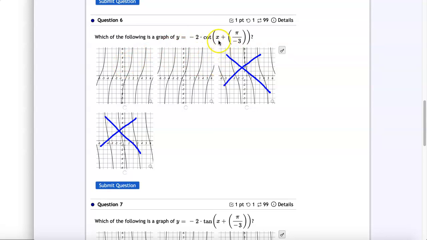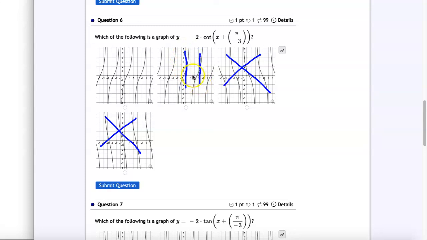Next, we have a shift to the right by pi thirds, which is a third of a cycle. So we want to look for a graph that has shifted to the right by a third of a cycle. And that would be this one, because usually we have a graph between 0 and pi.